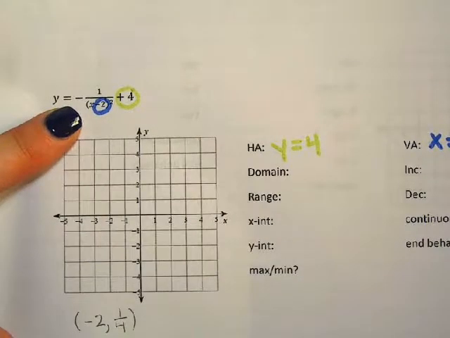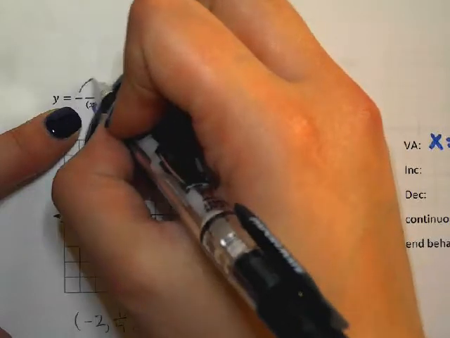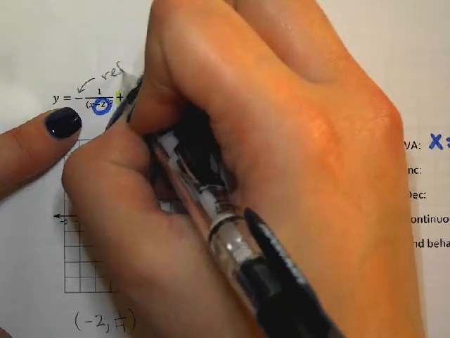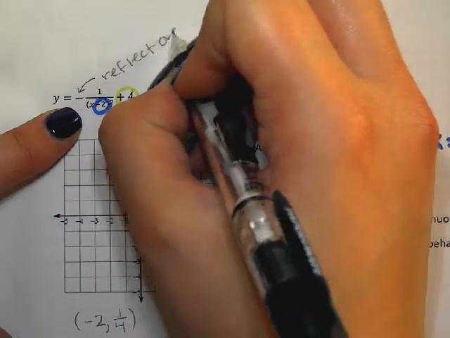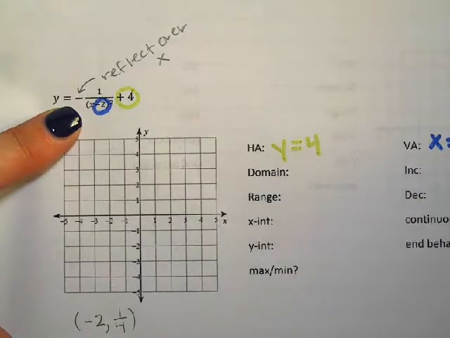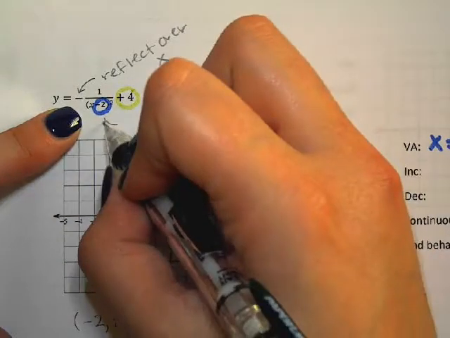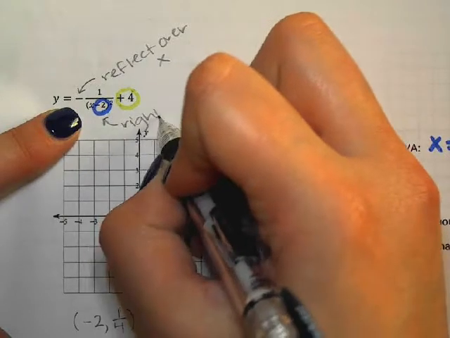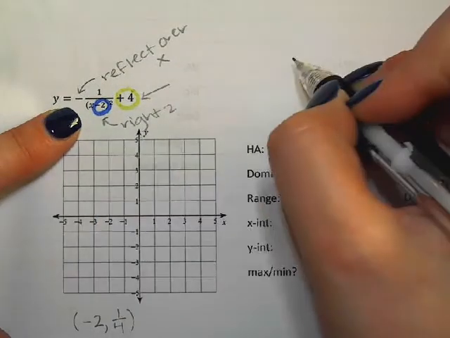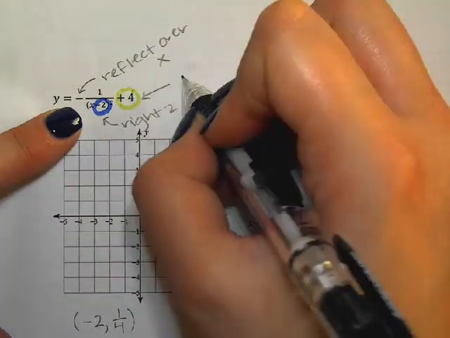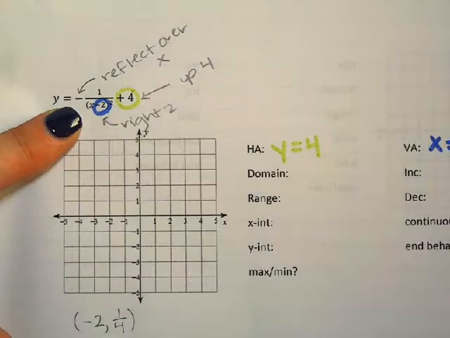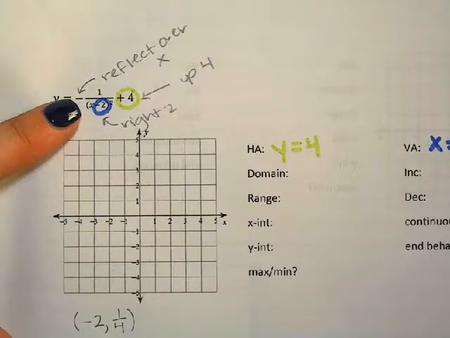And what are the transformations that we can see? So we're going to reflect over x. What else? Right 2 and up 4. Okay. So what do we do to the points when we reflect over x?